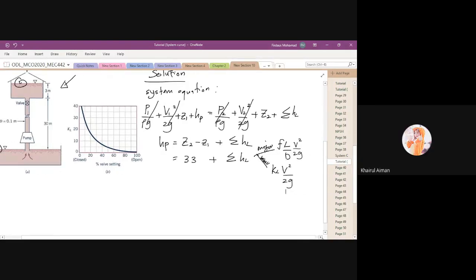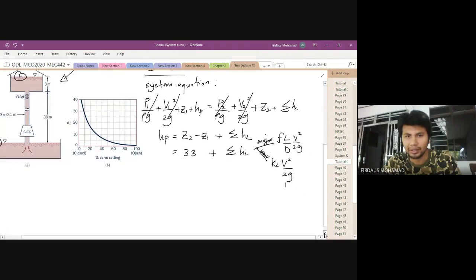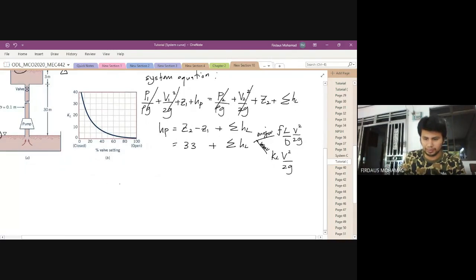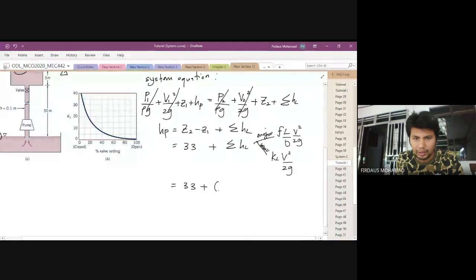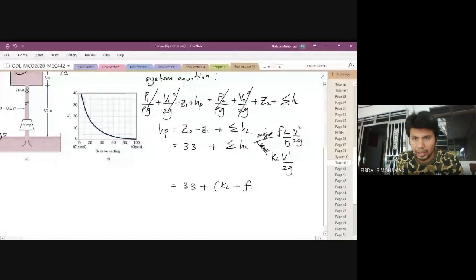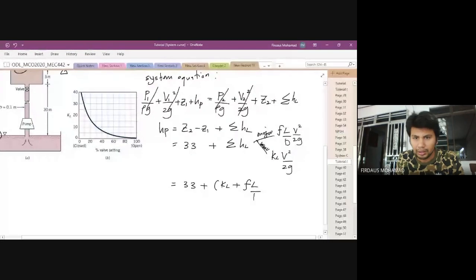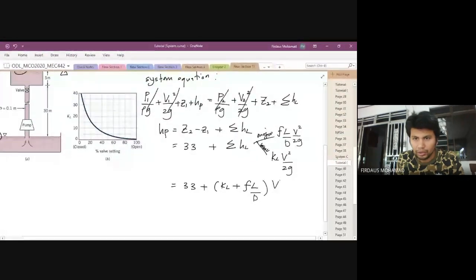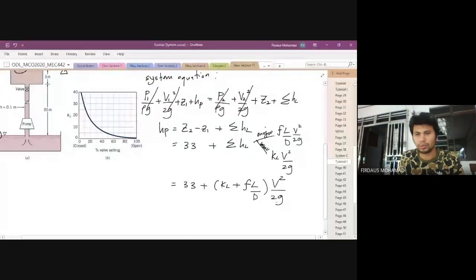Okay, so now we simplify this equation, combining major and minor losses, so that you get 33 plus KL plus fL over D, times V squared over 2g.